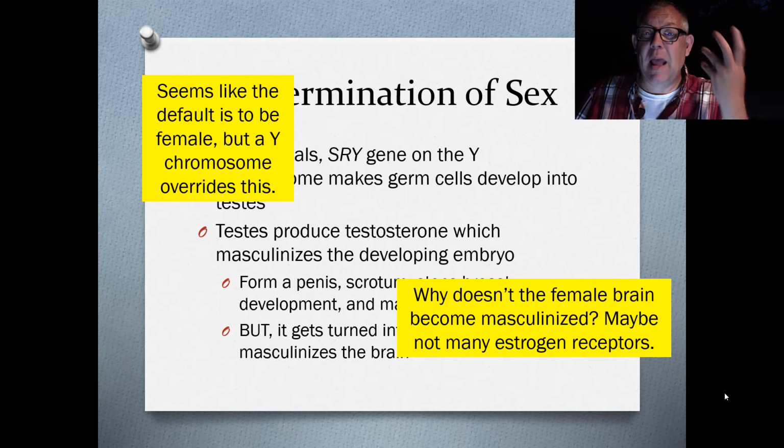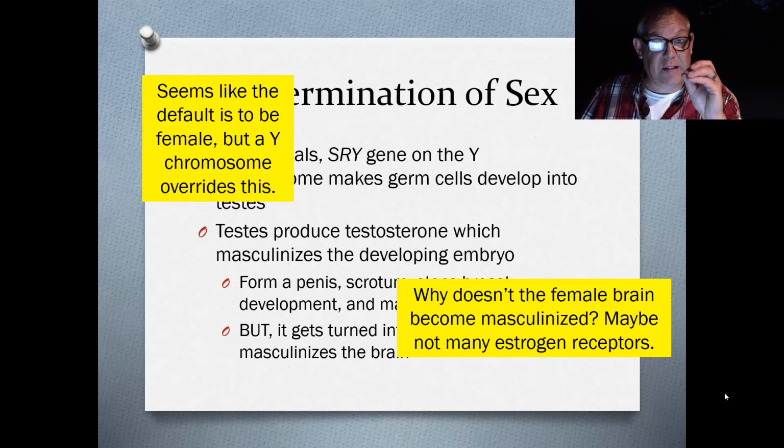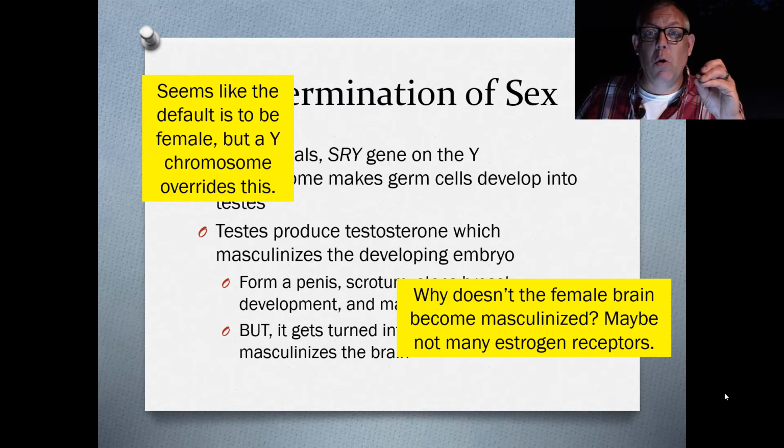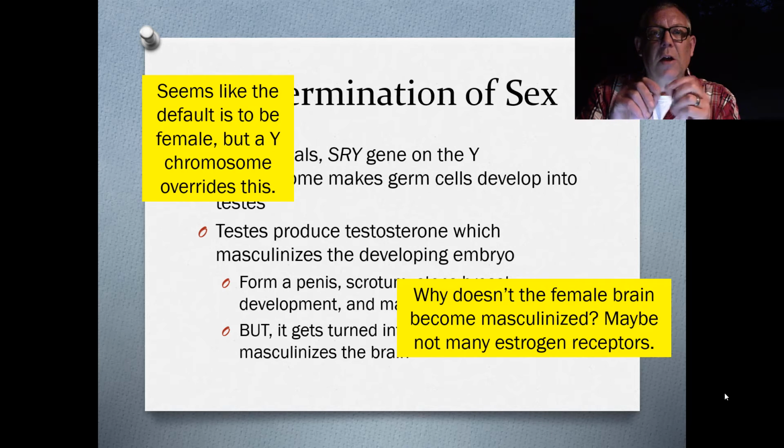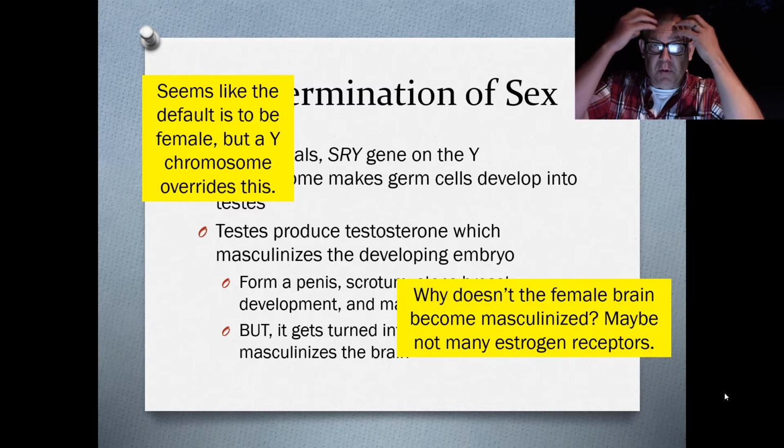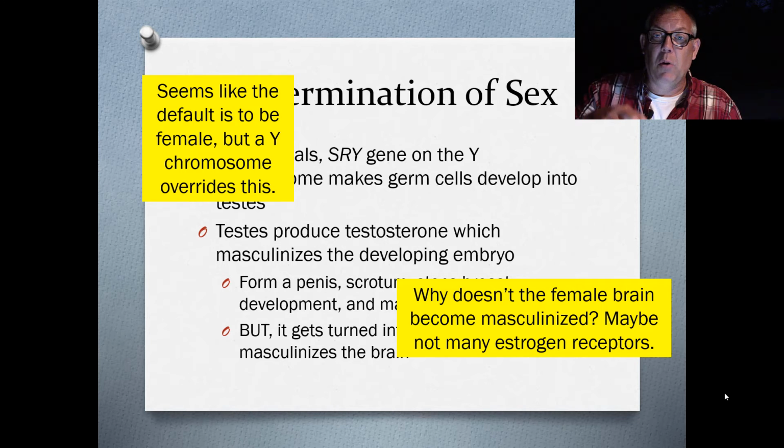And so even though they're bathed in estrogen, they don't have the receptors. And that's the key to hormones, is that the hormone goes everywhere in the body, but it only affects those cells that have receptors for that hormone. And so just by not having those receptors in the brain, the female brain does not become masculinized by the female sex hormone. Cool stuff.